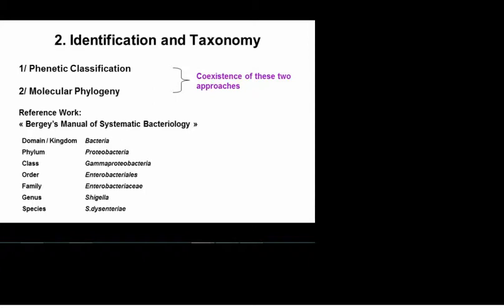So this is the accepted standard system. For each bacterial species, you'll have a species name, a genus, and then family, order, okay? Aceae, everything that's aceae, right, is a family. And then ales, that's the order.